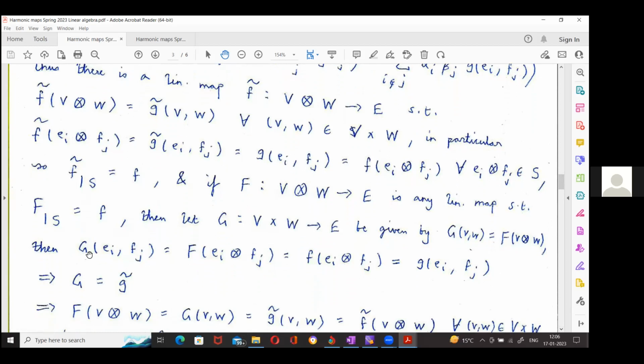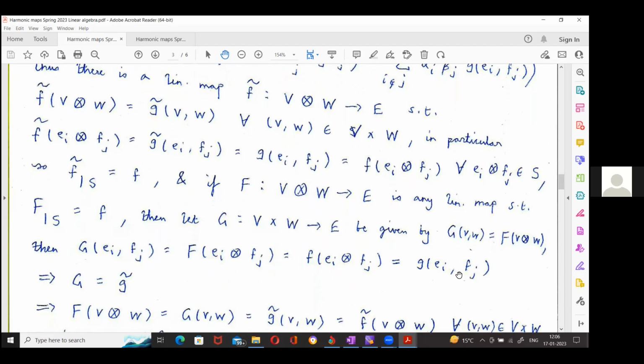If I look at capital G of EI comma Fj, then by definition this is capital F of EI tensor Fj. But capital F is an extension of little f, so this is little f of EI tensor Fj, which is equal to little g of EI comma Fj.